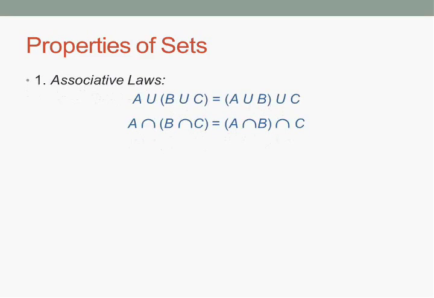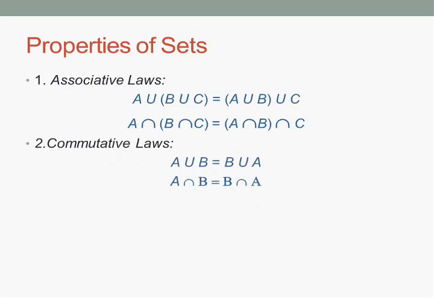It states that the way we associate or put the parentheses doesn't change what is in the set. Or we can say (A union B) union C is the same as A union (B union C). Similarly, (A intersection B) intersection C is the same as A intersection (B intersection C).